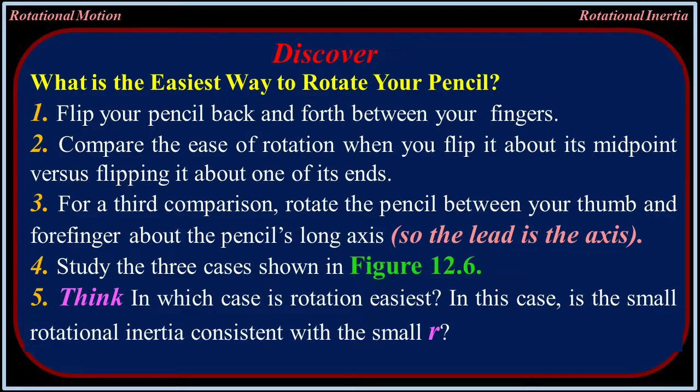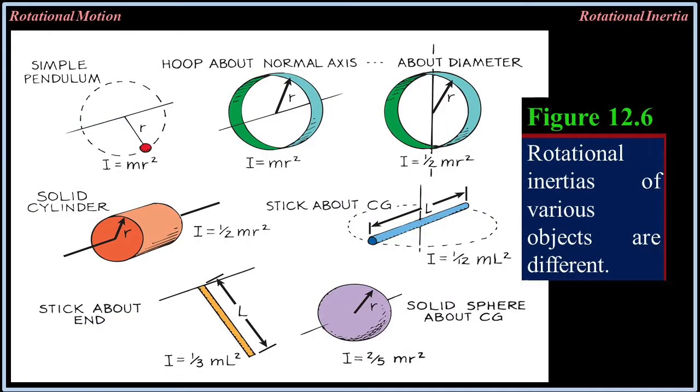So the lead is the axis. Study the three cases shown in figure 12.6. Think in which case is rotation easiest. In this case, is the small rotational inertia consistent with the small r?